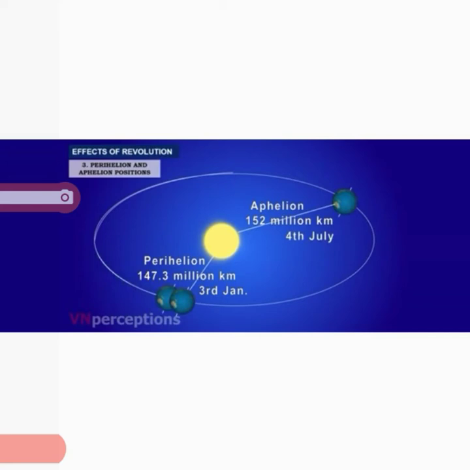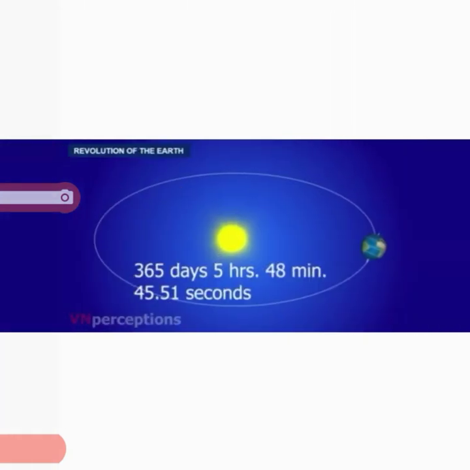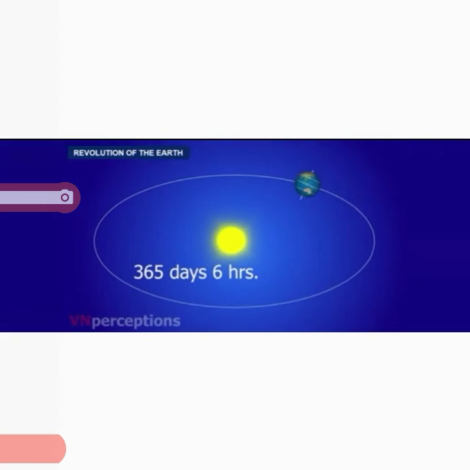Children, to complete one revolution, how many days does the Earth take? Yes, it takes nearly 365 days, 5 hours, 48 minutes and 45.51 seconds. We could calculate it as 365 days, 6 hours.